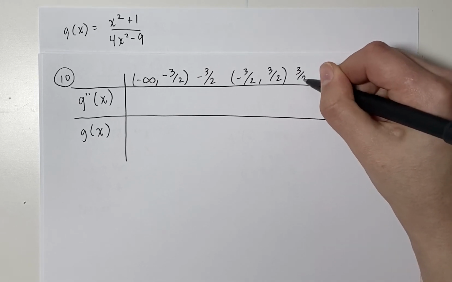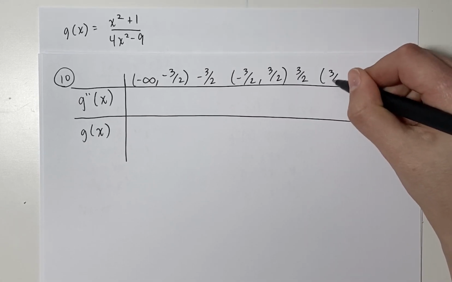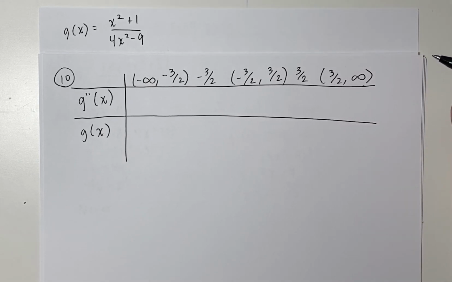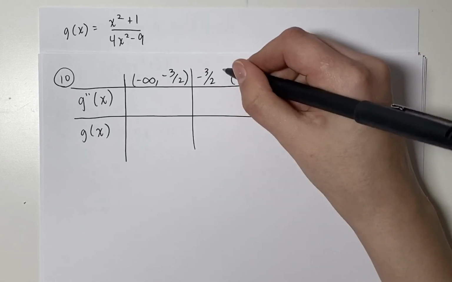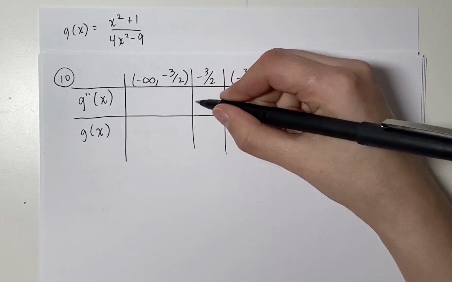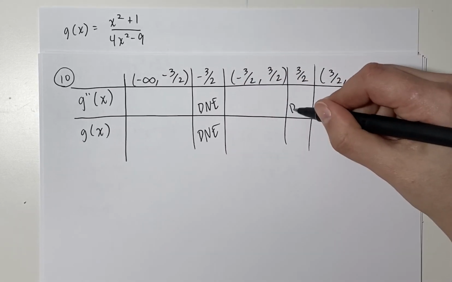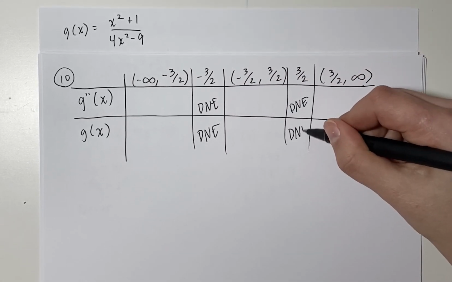We also know that 3 over 2 does not exist. And then from 3 over 2 to infinity. So we know here it just does not exist at the asymptotes.